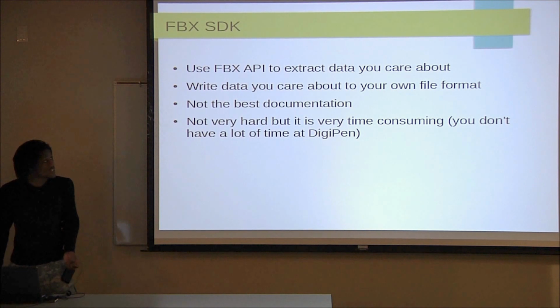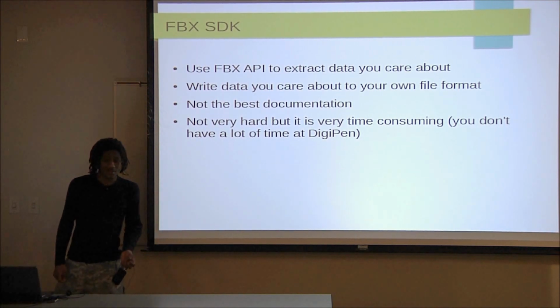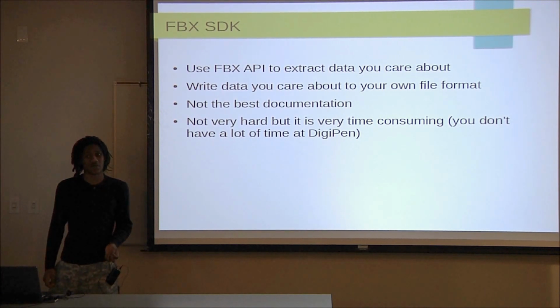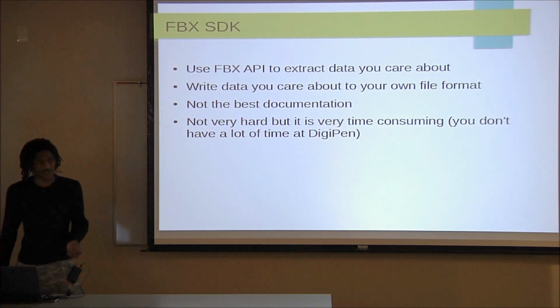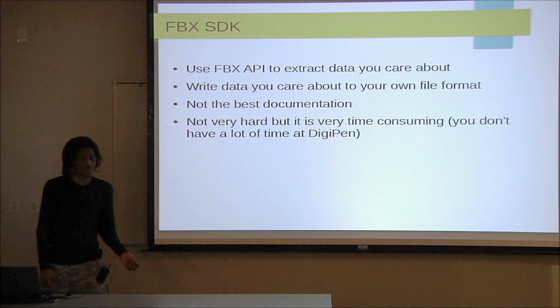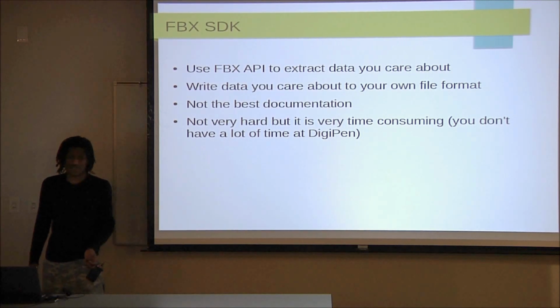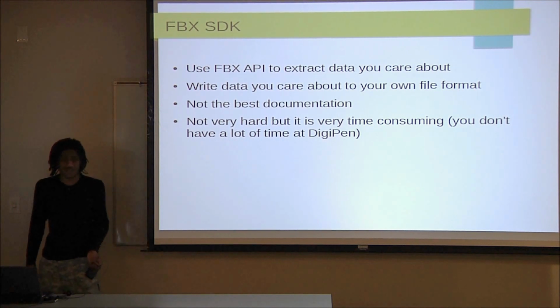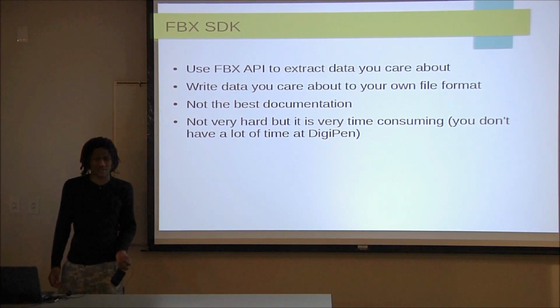It's not the best documentation. From my experience, it does get better with each year. Simply looking at the 2010 version and looking at the 2013 version. If you just look at the header file that comes out, 2013, I was like, oh look, they have classes that actually have names, like a mesh class.